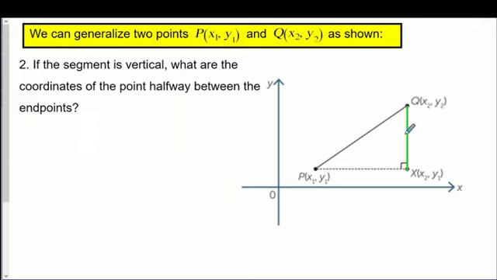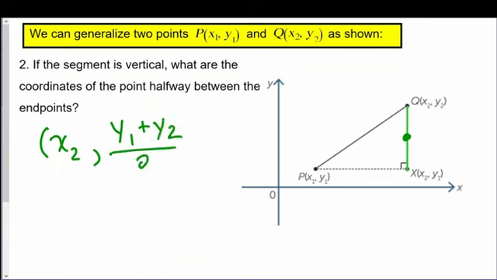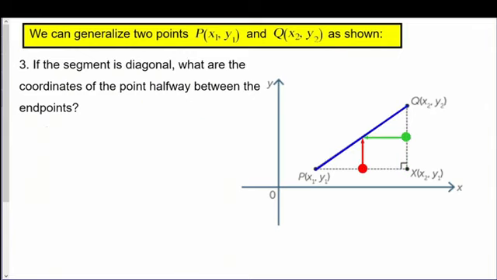So I know the x value of my halfway point between P and Q vertically is going to be x2. And the y value, again, is going to be the average of the y values. So we're going to do y1 plus y2 divided by 2 to find the average of the y values to find the halfway point vertically.